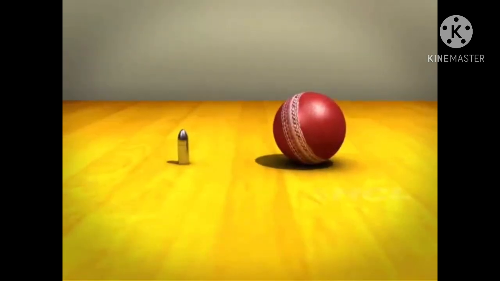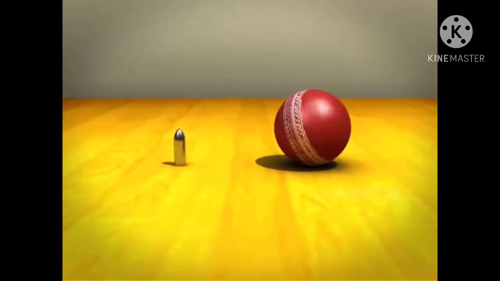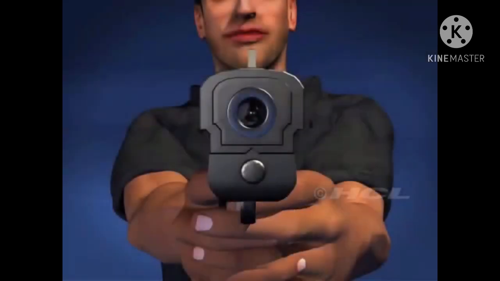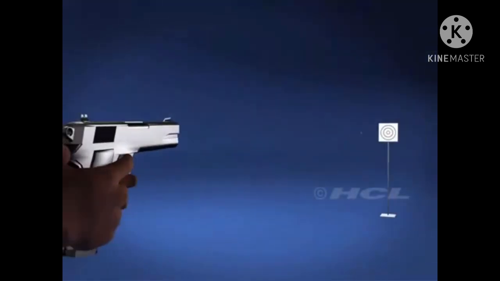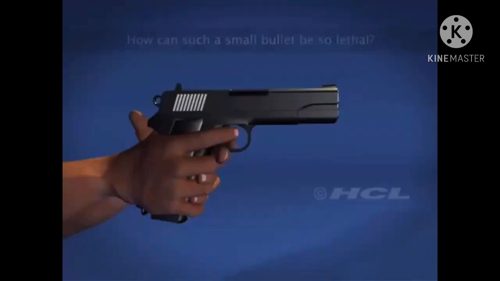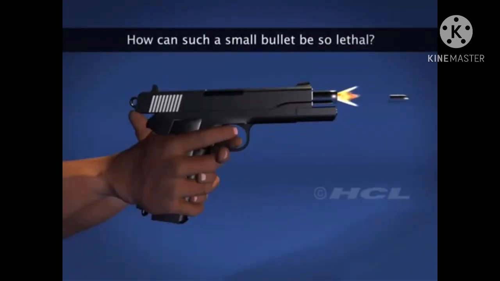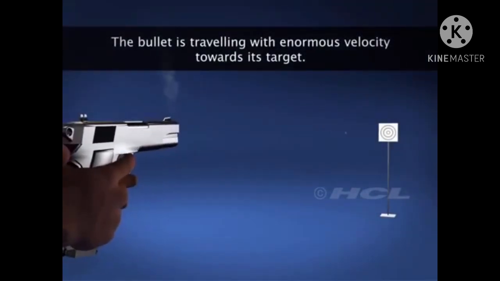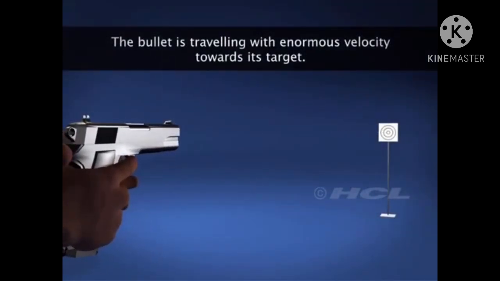On the other hand, a bullet is much smaller than the cricket ball, but it can kill a person when fired from a gun. How can such a small bullet be so lethal? Because it is traveling with great velocity towards its target.